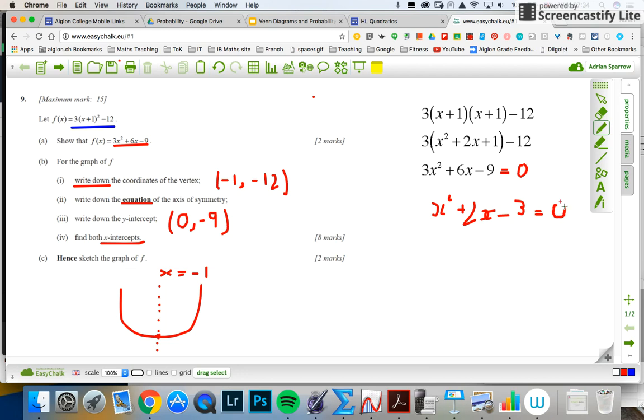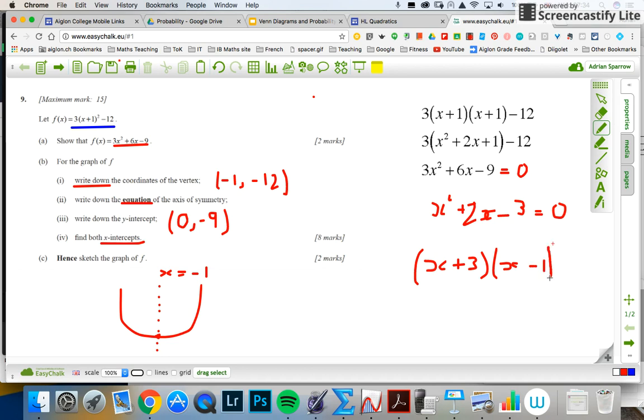Now that will factorize. This here is a 2. Okay, that will now factorize quite neatly. You're looking for two numbers that multiply to give negative 3 and add together to give 2. So a little bit of thought here gives me x plus 3 and x minus 1. And those are the two that go in the brackets, but they're not the answers for solving the equation.